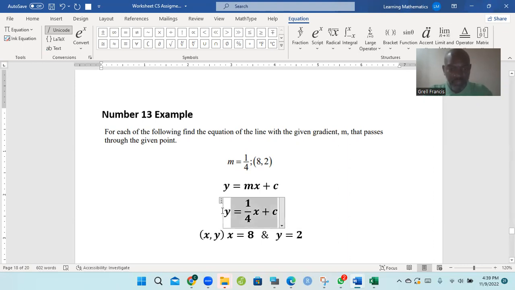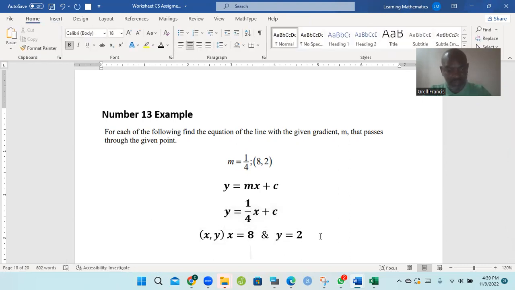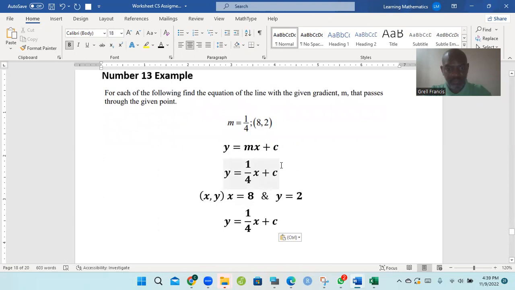Now remember, we have an equation half complete because we need to find c. In the place of y, we're going to substitute 2, and in the place of x, we're going to substitute 8, and then we can solve for c.